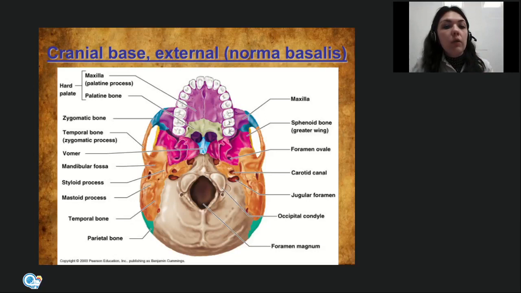Posteriorly, we can see the external cranial base. Here you should describe all the foramina which are visible, like foramen magnum and so on, the location of each of the foramina and its purpose, so what exactly passes through it. If we have time, we will discuss it at the end of the lecture.